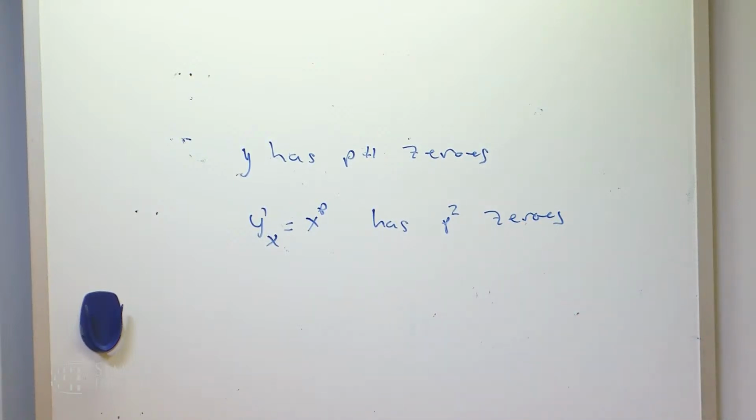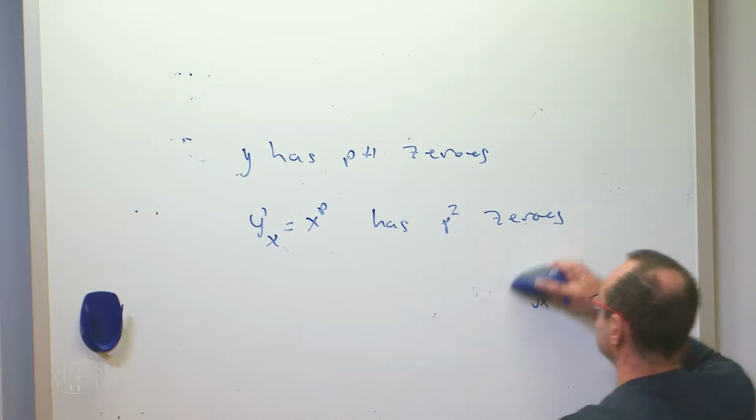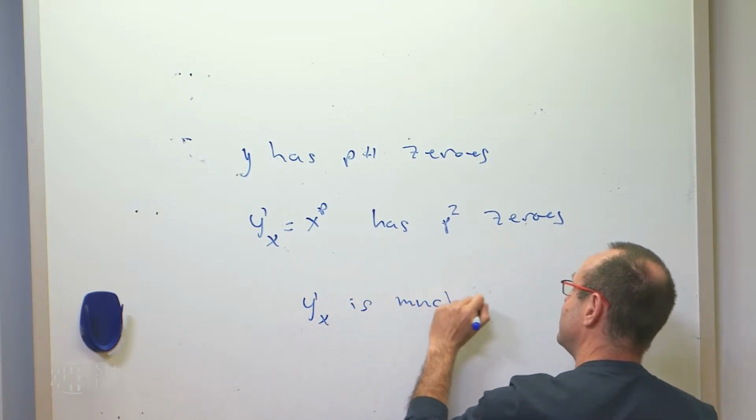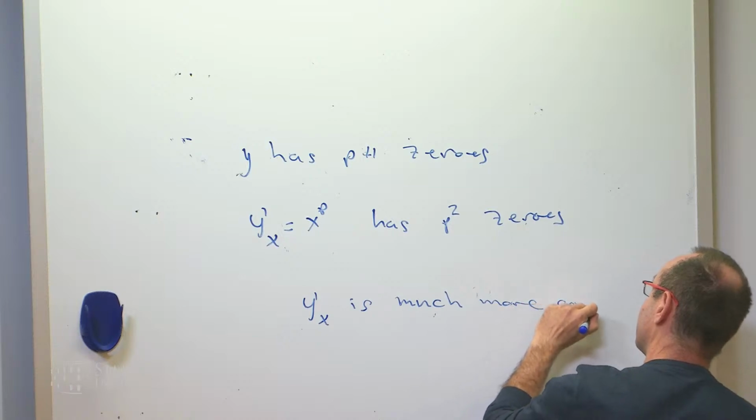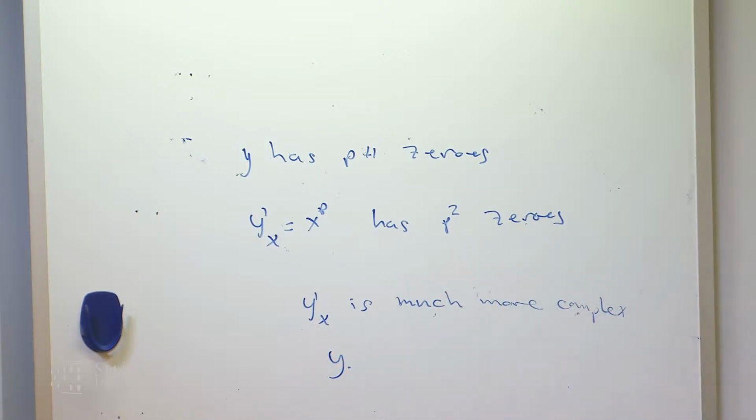So the conclusion is that the derivative of y with respect to x is much more complex than y. We are used in the polynomial ring that when we derive, we get a simpler function. And if we derive enough, we get a constant and then it vanishes.